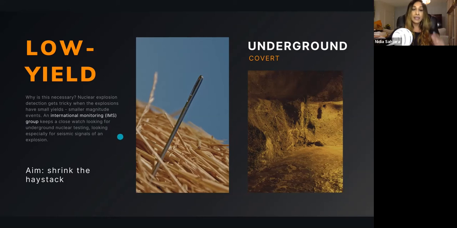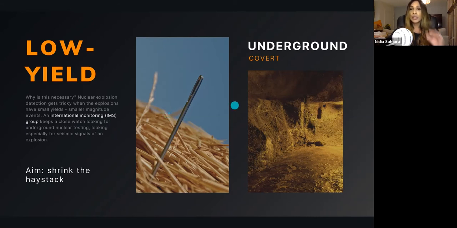And the thing is that they have so many stations to monitor these, and yet to be able to find a nuclear explosion, it can be hidden so well that it's still like looking for a needle in a haystack.